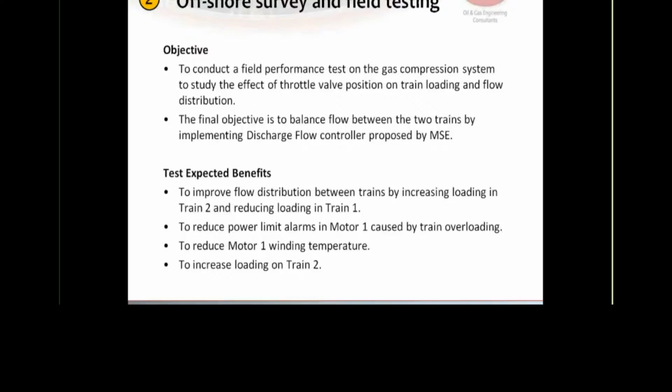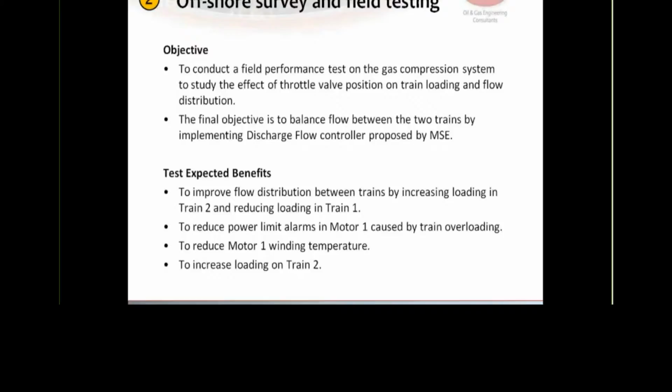What we expected is that the trains operate at a more even flow, which would reduce the load from train 1 and give it to train 2, so both will operate much further below the motor current limit.